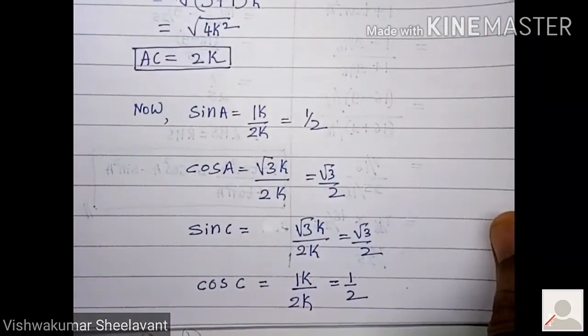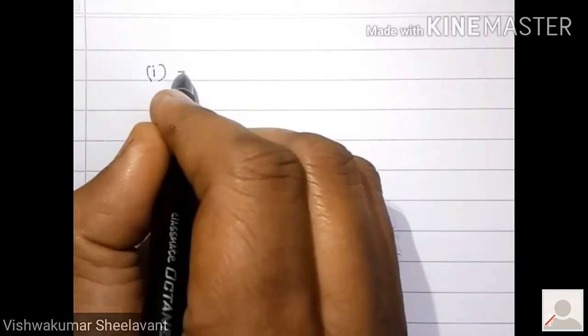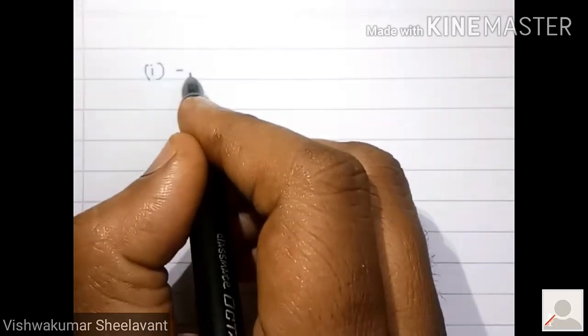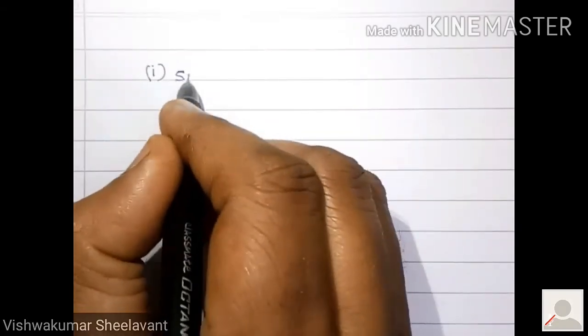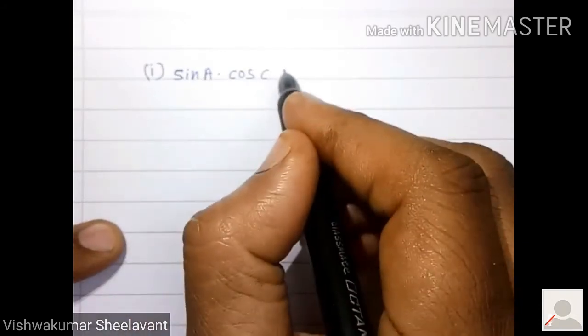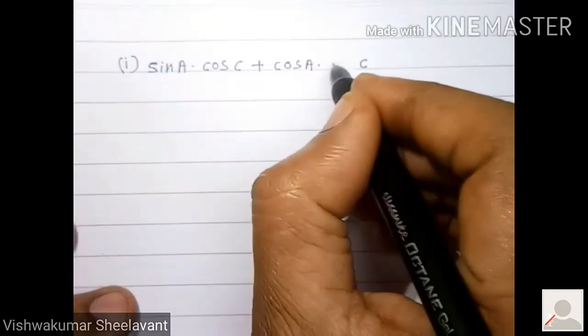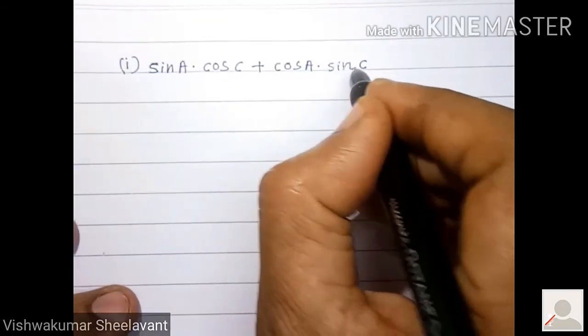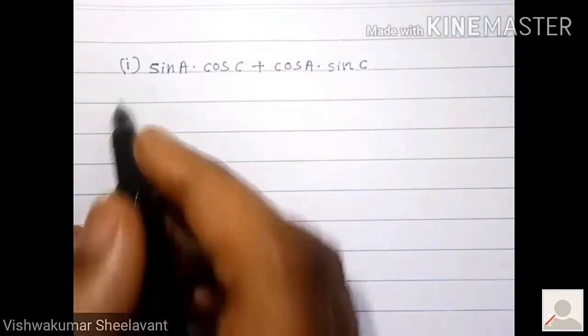Now we have to take part 1 and part 2 for evaluation purposes. Part 1: sin A into cos C plus cos A into sin C. Go on substituting the values.